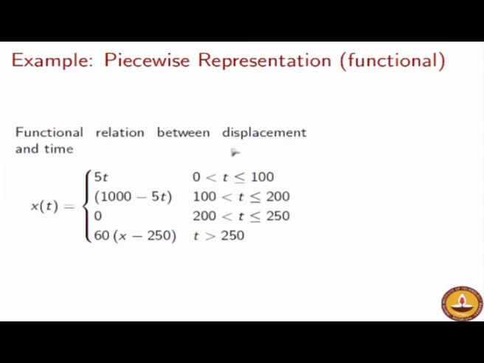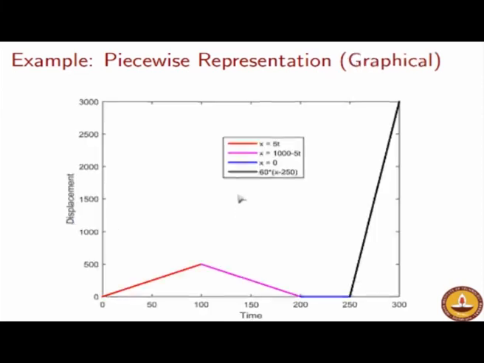It is not possible to give a single functional relationship for the entire time period t equals 0 to 250 or more in this case, and that is why in individual time segments, 0 to 100 you have one functional relationship, in the next 100 second period you have another functional relationship, in the next 50 seconds you have another functional relationship.